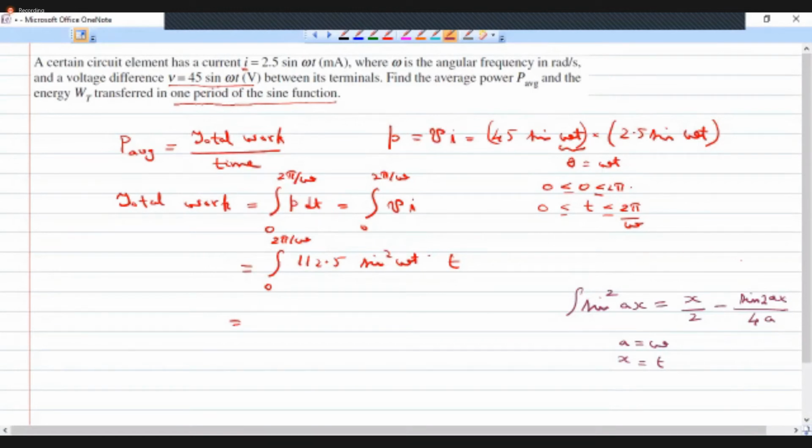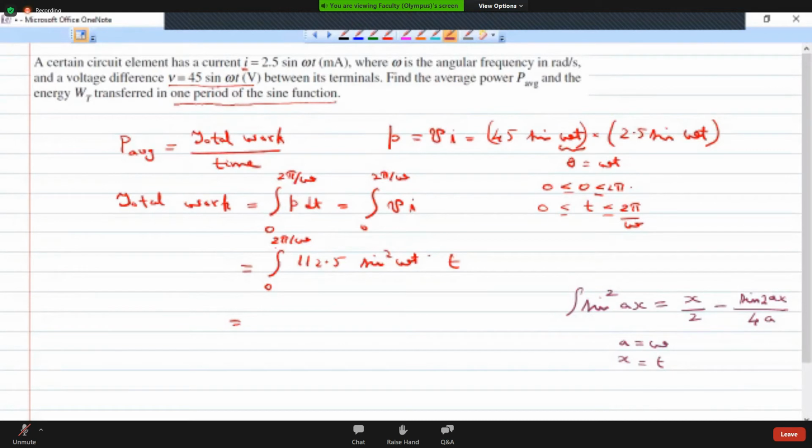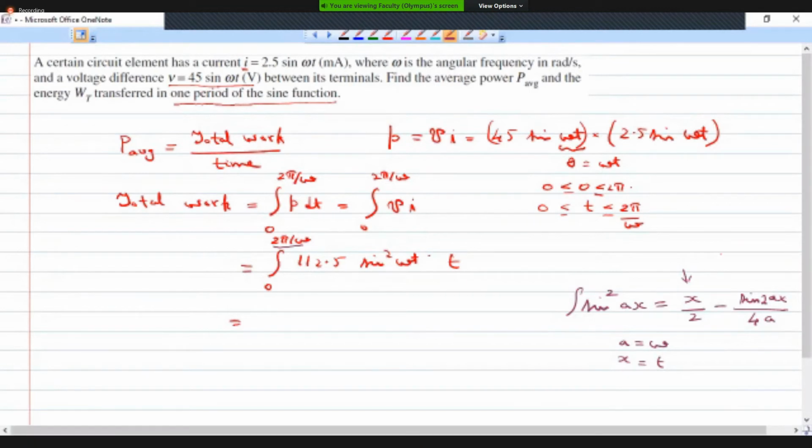So we will substitute the upper limit, that is 2 pi by omega, in place of t here.